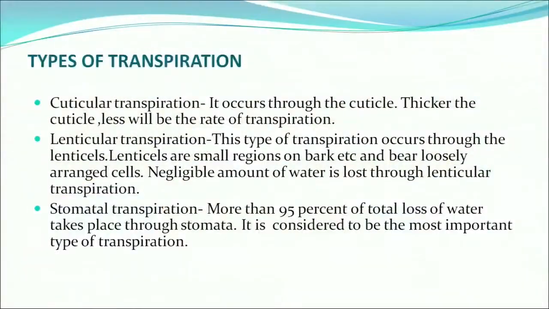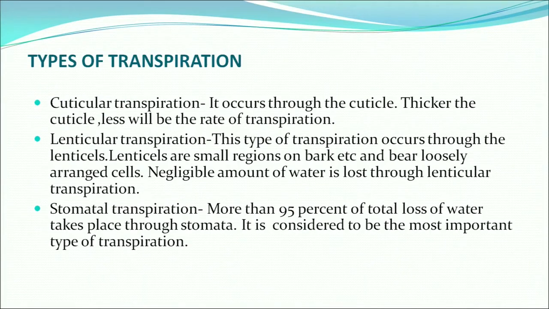Cuticular transpiration occurs through the cuticle. Cuticle is the thick layer over the leaf surface. The thicker the cuticle, the less will be the rate of transpiration. Lenticular transpiration occurs through the lenticels.